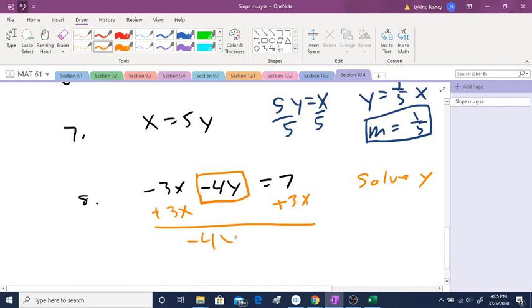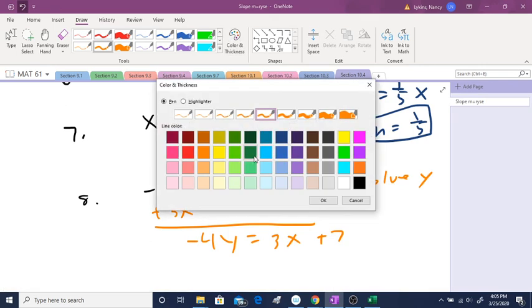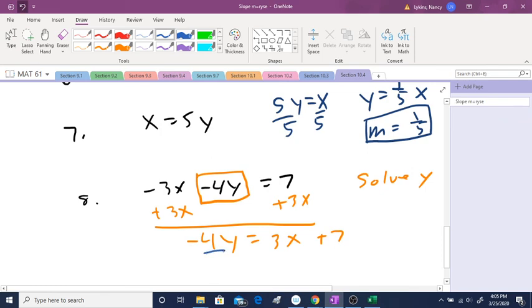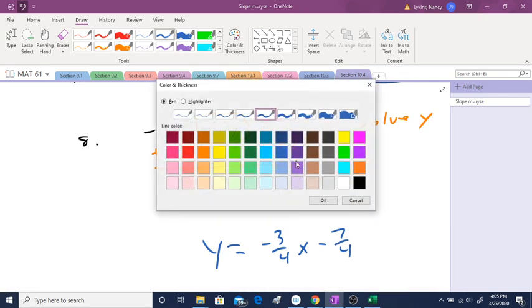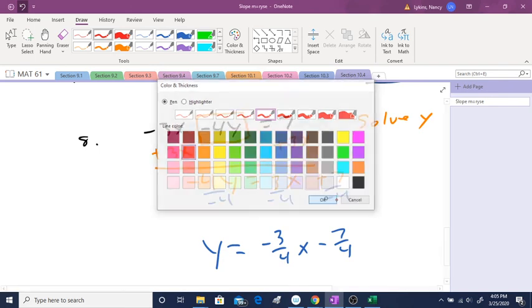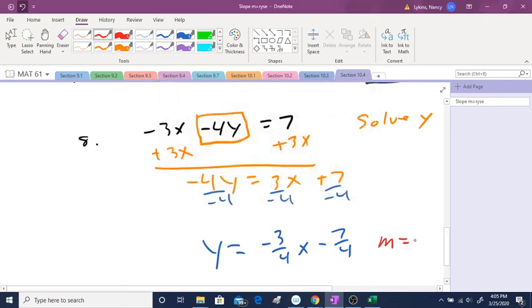And you get negative 4y equals 3x plus 7. So you want to get rid of this negative 4 by dividing. So y equals negative 3/4 x. And then technically the plus 7 divided by negative 4 is negative 7/4, but in this case, all we're trying to do is find the slope, which is the number in front of the x, which is negative 3/4.